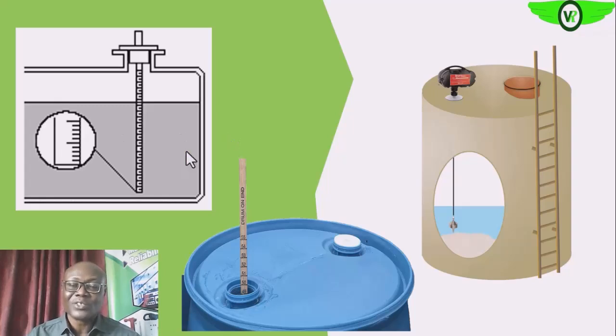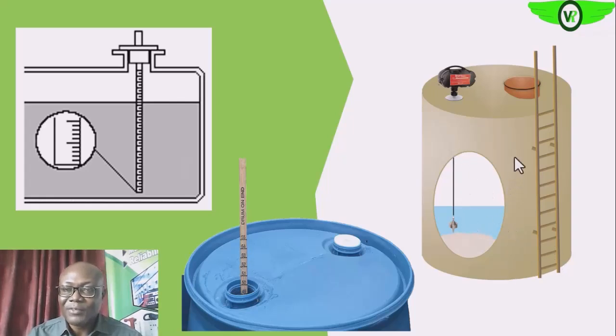If it is not calibrated, maybe we have the range that we expect, that is the low and the high, so we expect to be between low and high. That will also give us an indication. This is another example of a dipstick that is used on a drum. As you dip it, the level of the fluid in the drum will be marked on the dipstick.